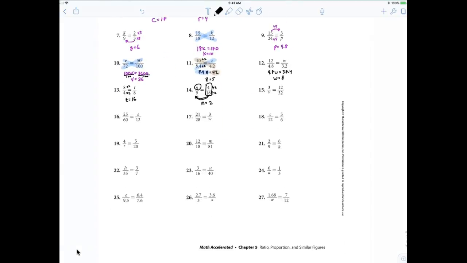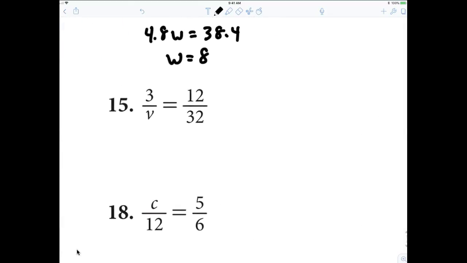Let's verify. From 12 to 3, I did what? If I divide by 4, then what's V? V is 8. Everybody okay? 16.